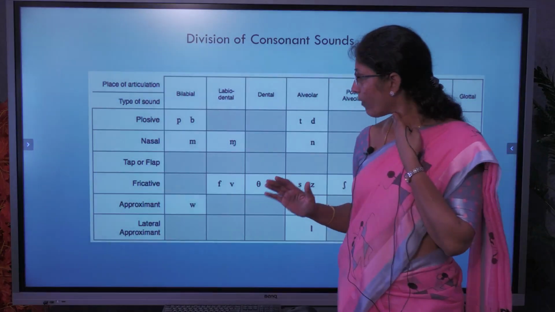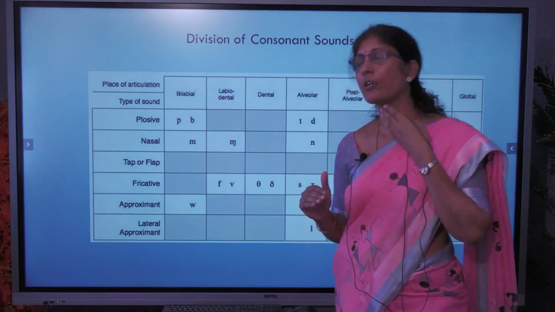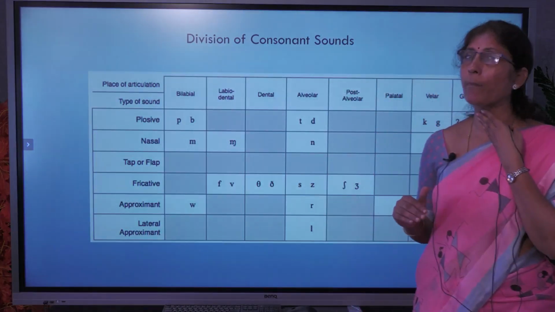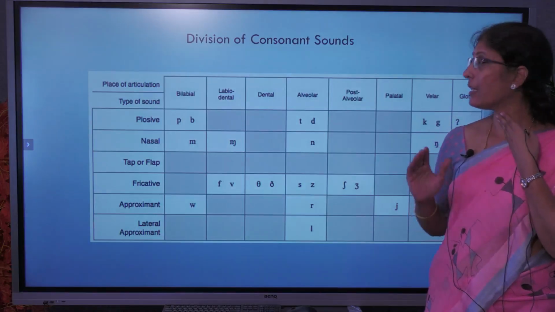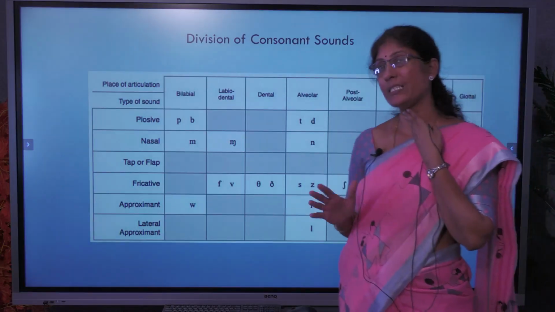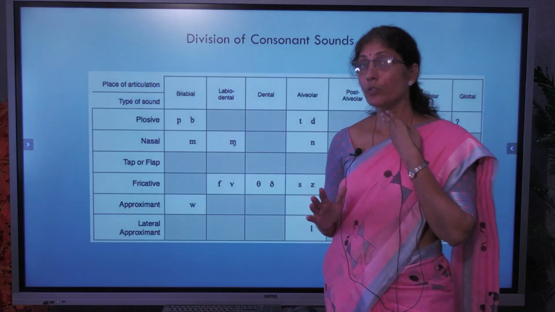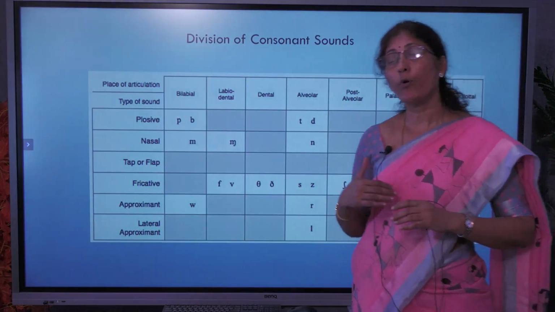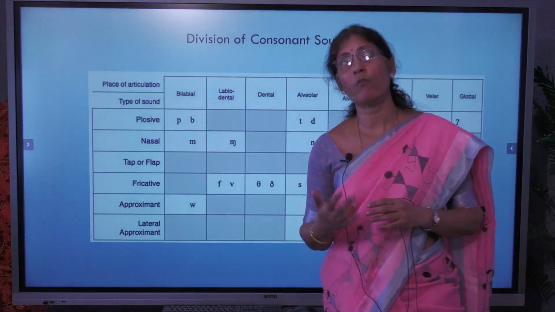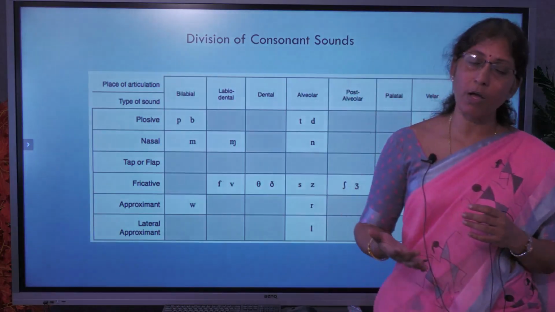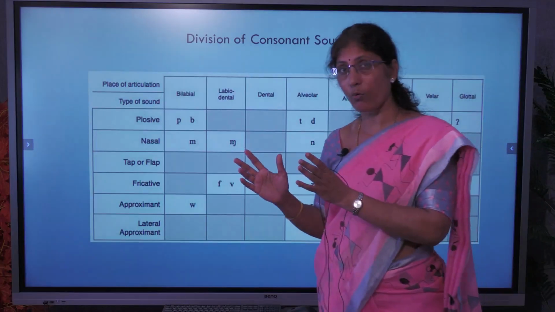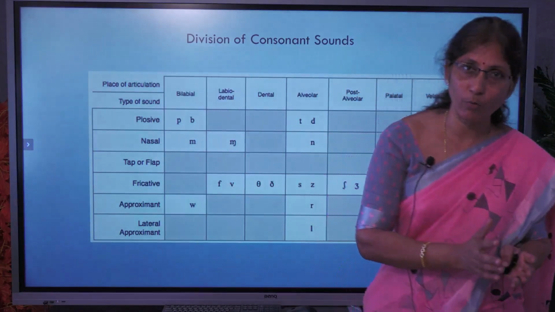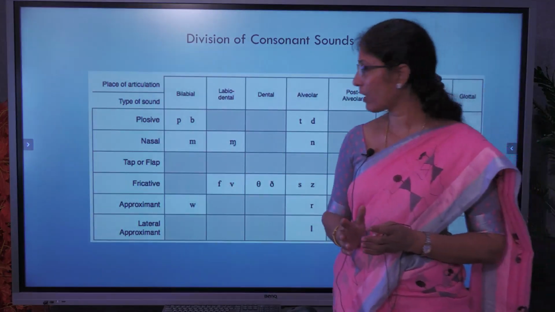When you have vibration on your Adam's apple or throat, these sounds are called voiced sounds. You have to identify the voiced sounds, because when producing plural sounds or past tense markers, there is a separate rule for voiced sounds and a separate rule for voiceless sounds.